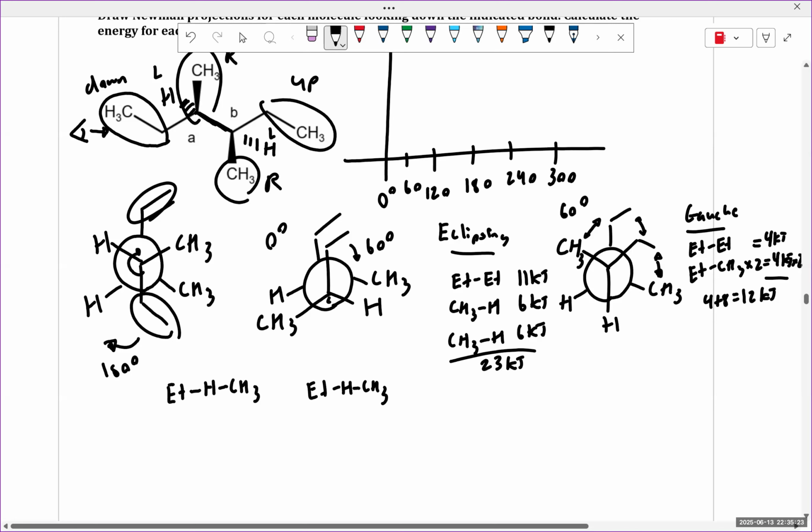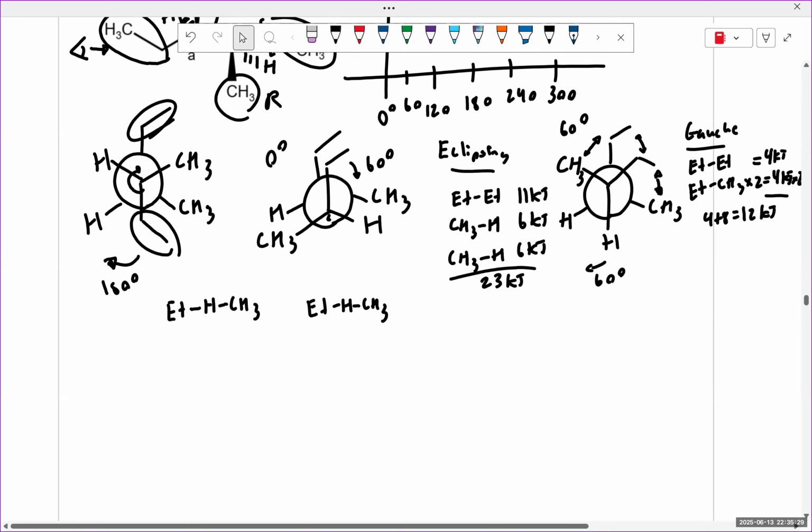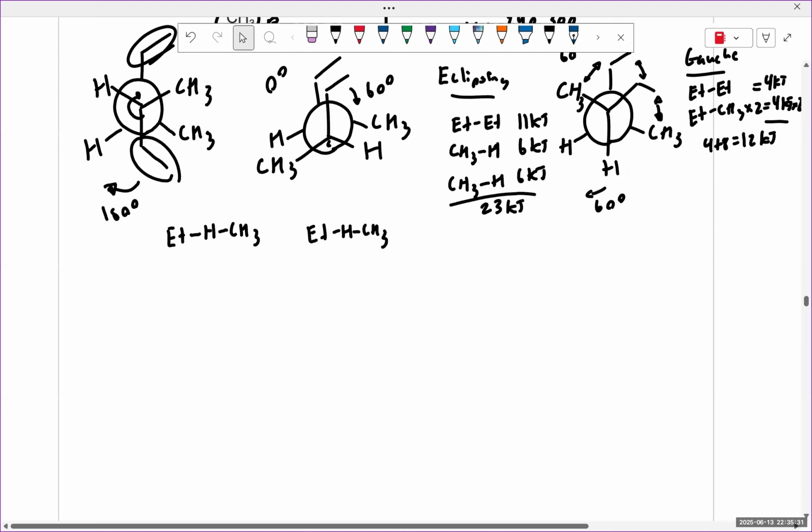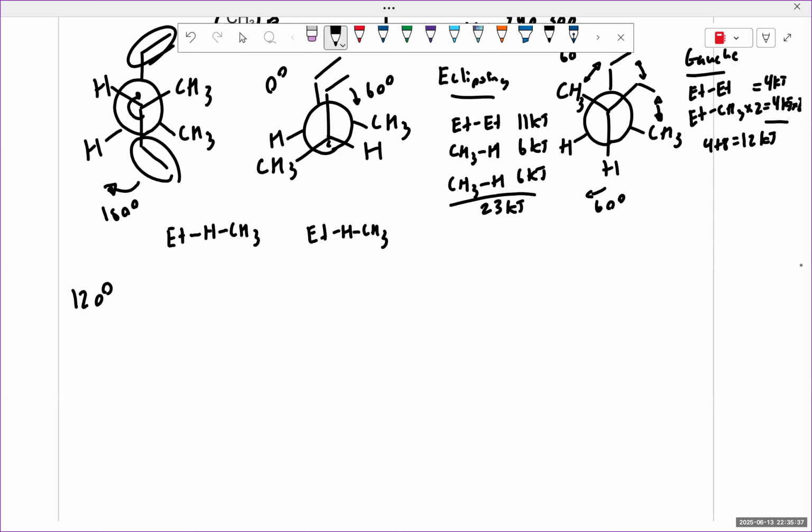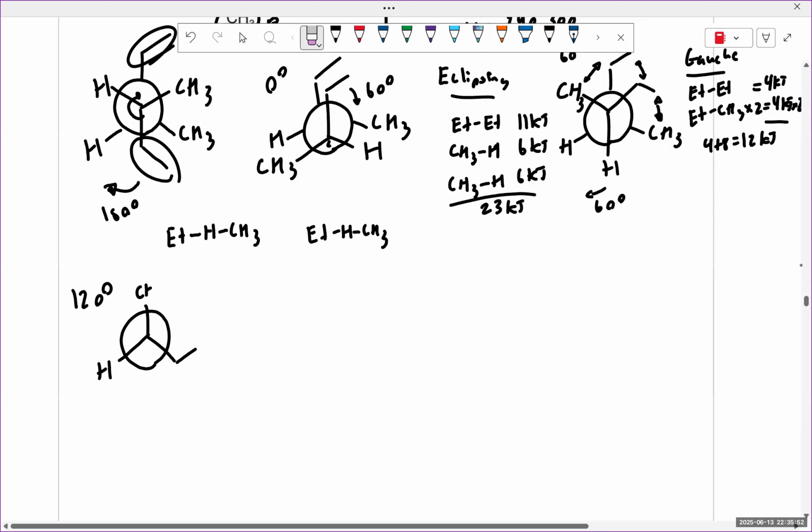Okay, we're going to rotate our carbon-carbon bond 60 degrees once again. In this case, let's draw out the 120-degree conformation. So we have our methyl group, the ethyl group, and the hydrogen. This time, the methyl group and ethyl group are eclipsing.